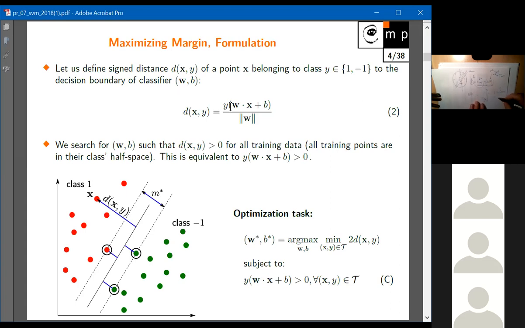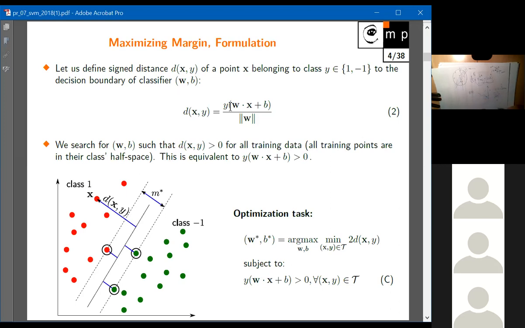Vector W divided by W norm, this is almost a question from a test in algebra, is a unit vector. Any vector written in this form, take a vector and divide it by its norm, will have unit norm.